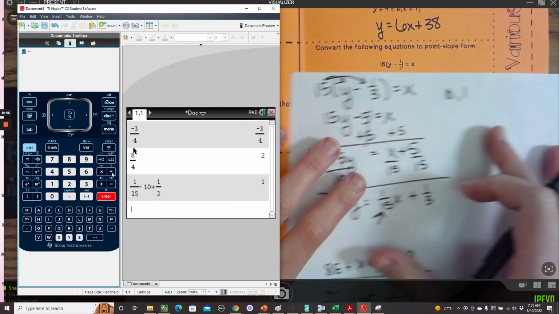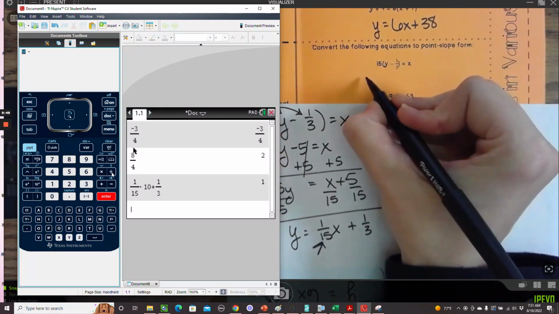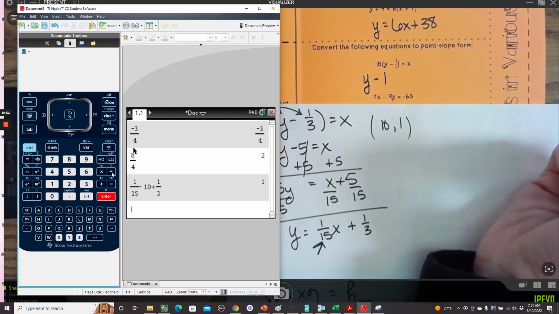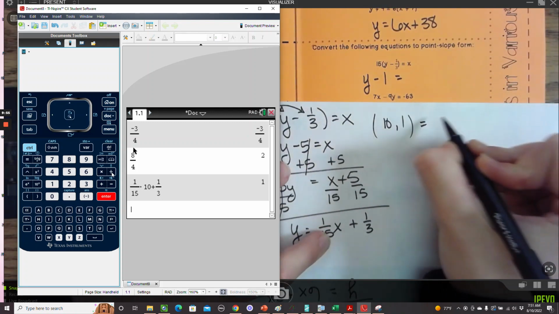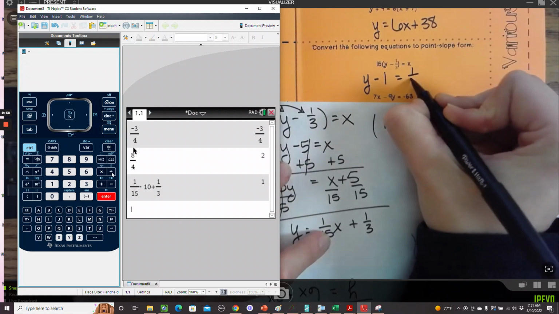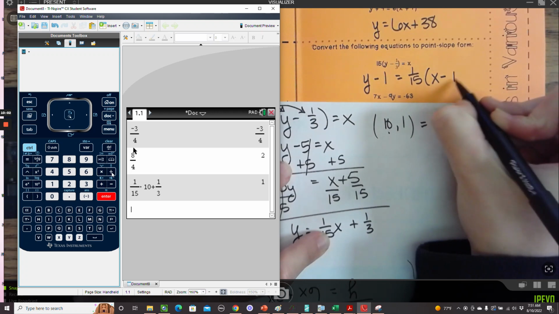So to write this in point slope form, that's my ordered pair. y minus y1 equals, here's my slope, and then x minus x1.